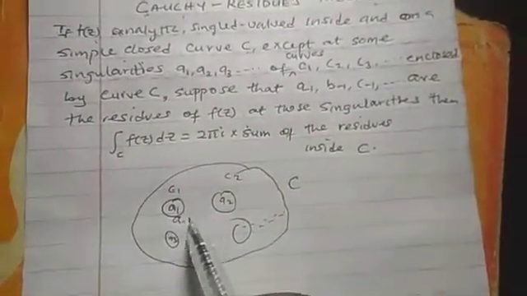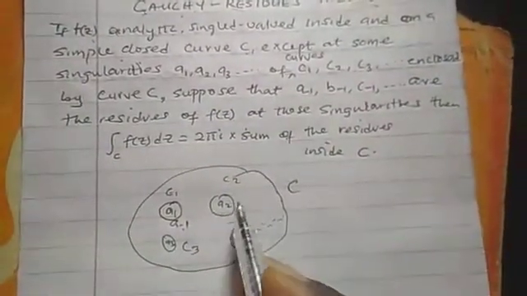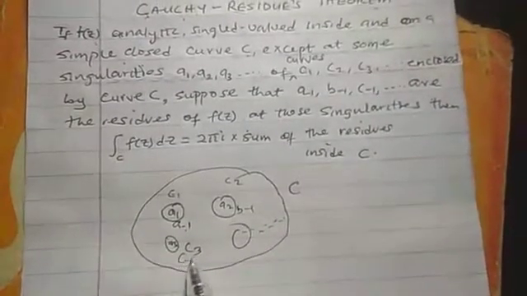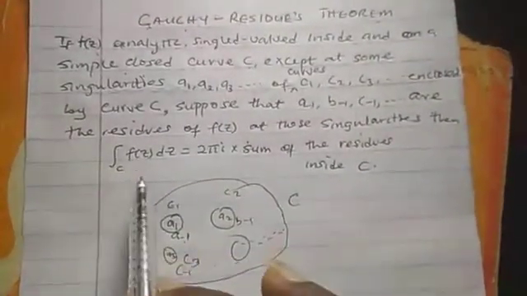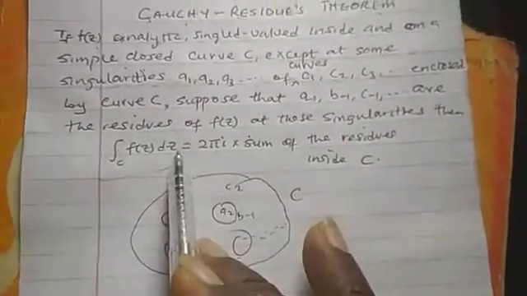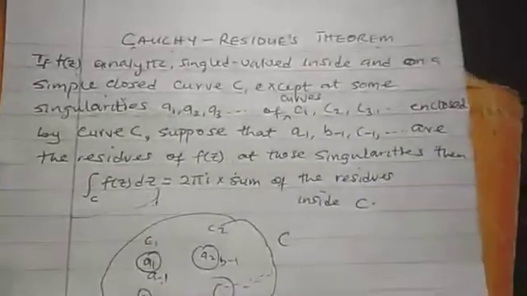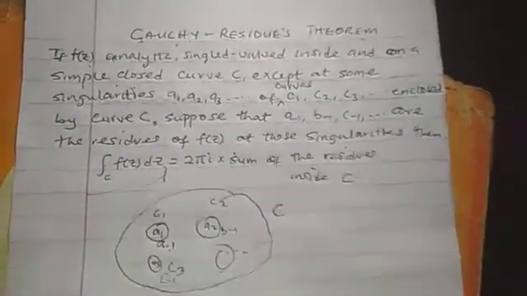Suppose this one on C1 has this residue, this one too, B1, C1, like that. So if we integrate with respect to z, the answer will be 2 pi i times the sum of the residues. This one is very simple. We have proved the result the other time. Now let's take the result once again.